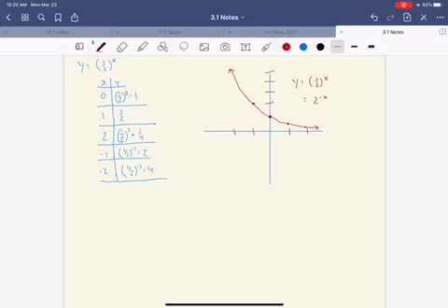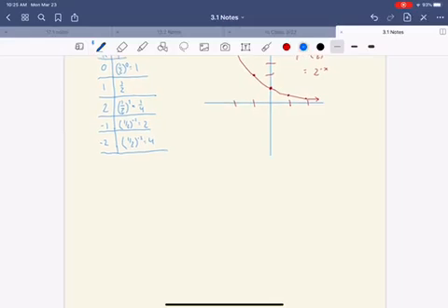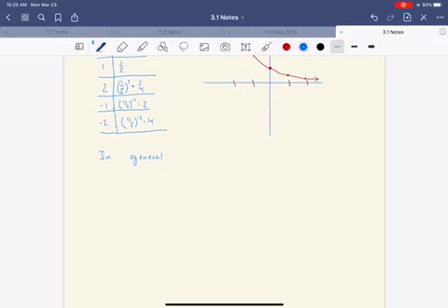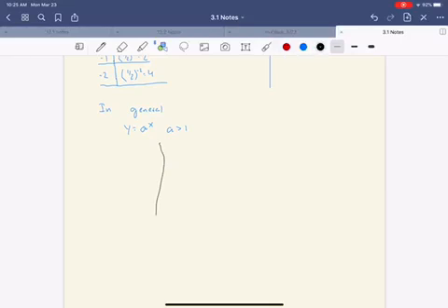Okay, so in general, y equals a to the x for a bigger than 1, we'll have a graph that looks like so.